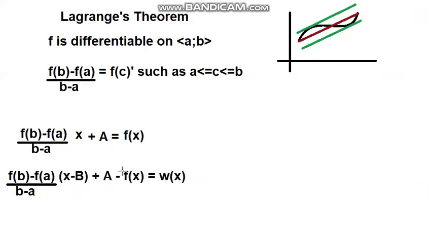Move f to the other side with the opposite sign, and say all of this is the function w of x. Then we have Rolle's theorem: if w(a) equals w(b) equals 0, then w prime of x, which we would like to get, equals 0 at some point, which can be c.